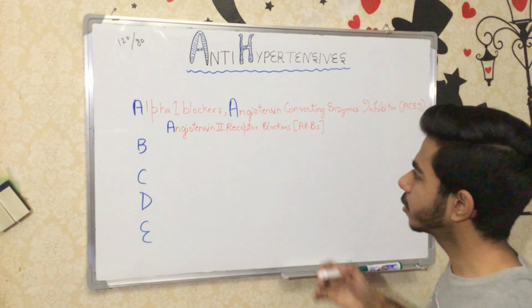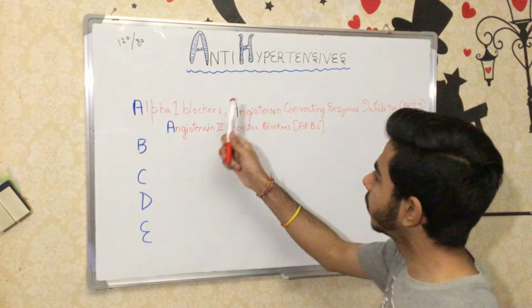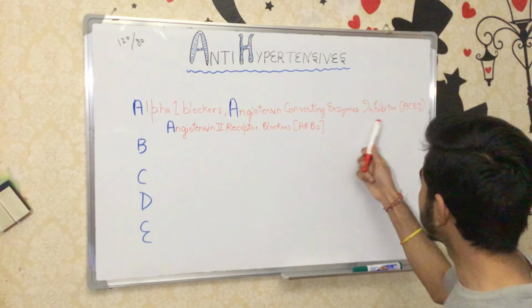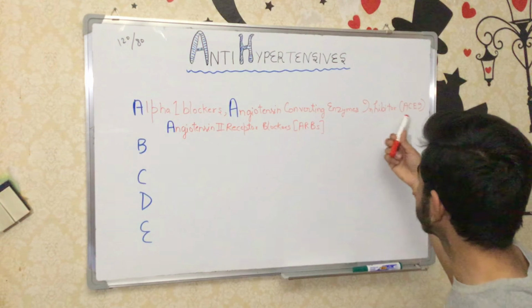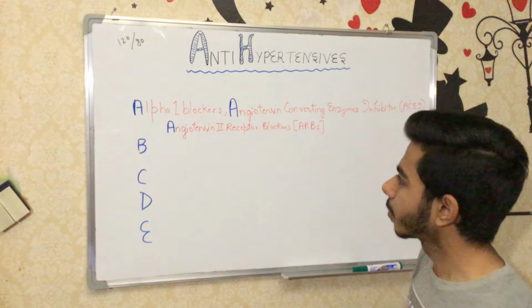So these three classes named under the A, you can remember: alpha 1 blockers, angiotensin converting enzyme inhibitors, that is ACE inhibitors, and angiotensin receptor blockers, or ARBs.